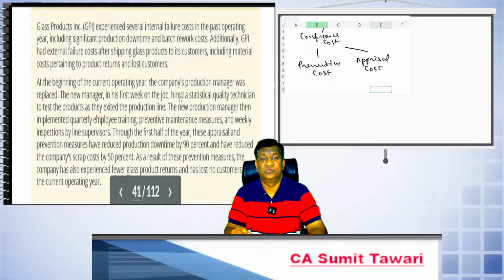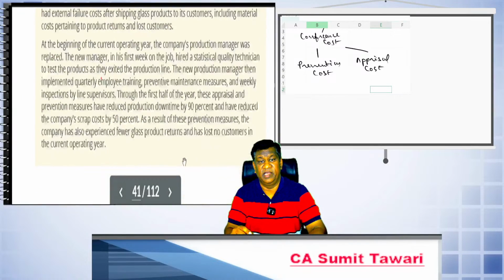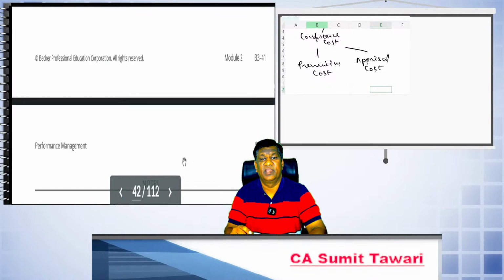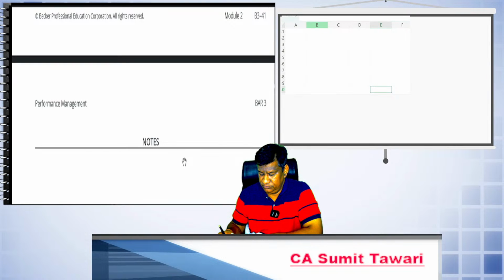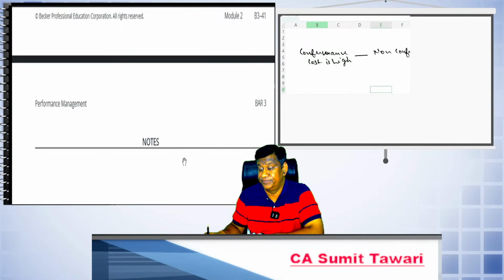So what is basically the logic here? If my conformance cost is high, what will be the impact on non-conformance cost? Does it increase or decrease?